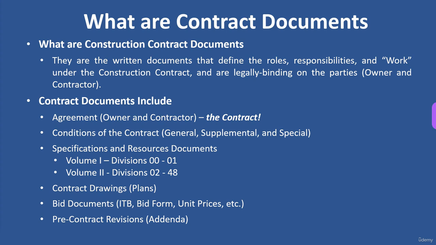Then you have your contract drawings, also referred to as plans. Then you have your bid documents. This is what you use to solicit your bids, which is your invitation to bid, your bid form, and you'll identify unit prices and things like that. And then you have your pre-contract revisions, which are called addendum or addenda. If it's one addendum, you might have more than one.